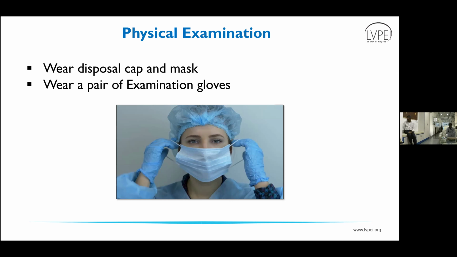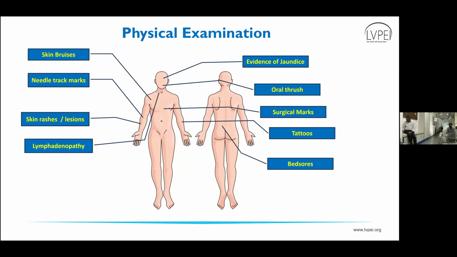For that we need to wear a disposable cap and mask, and a pair of examination gloves. We need to look for skin bruises, needle track marks, skin rashes and lesions, lymphadenopathy, evidence of jaundice, oral thrush, surgical marks, tattoos, and bed sores.